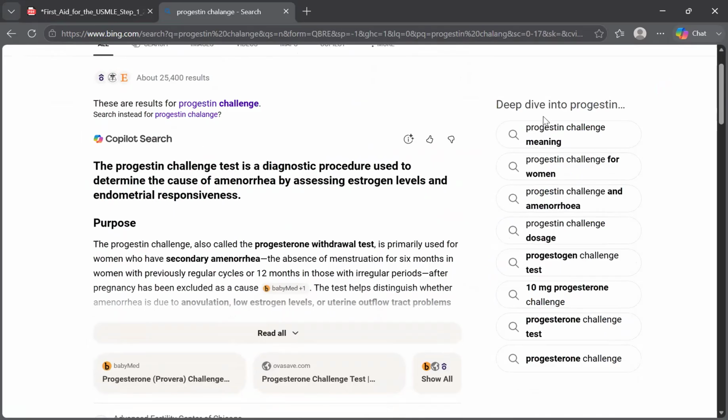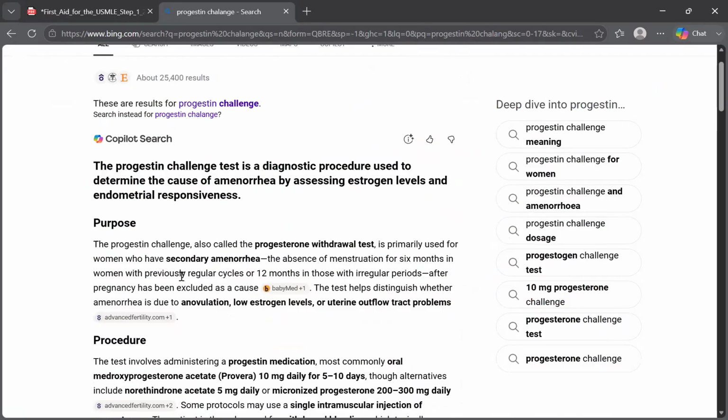Okay, it is a diagnostic test used to determine the cause of amenorrhea by assessing estrogen levels and endometrial responsiveness. It is used for women who have secondary amenorrhea, the absence of menstruation for 6 months in women with previously regular cycles, or 12 months in those with irregular periods, after pregnancy has been excluded as a cause.